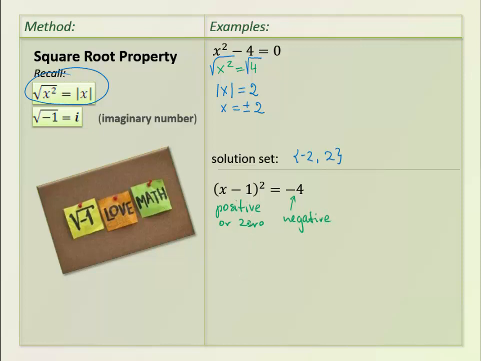So it's impossible for a quantity that is non-negative to be equal to a quantity that is negative. Therefore, these two sides will never be equal. So what this really means is that we have no solution in real numbers.